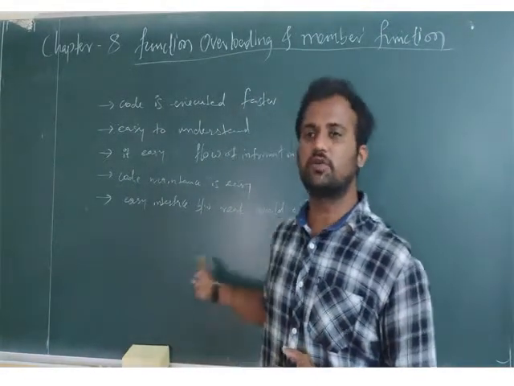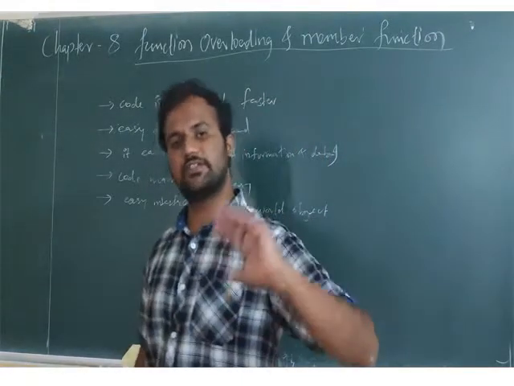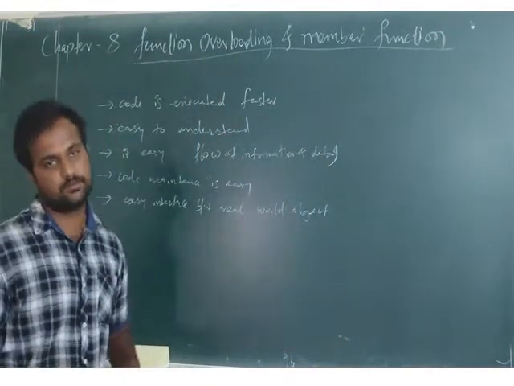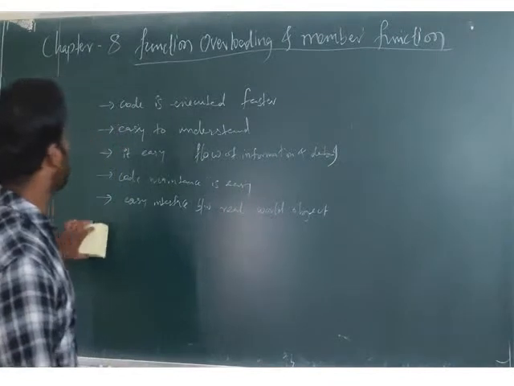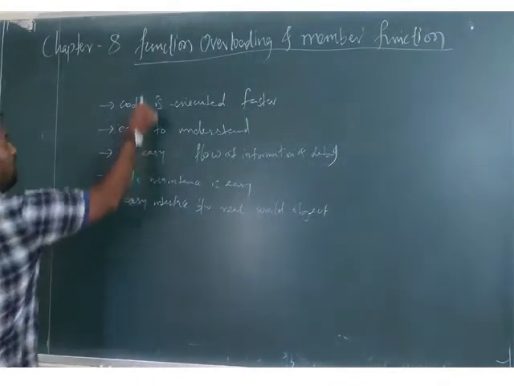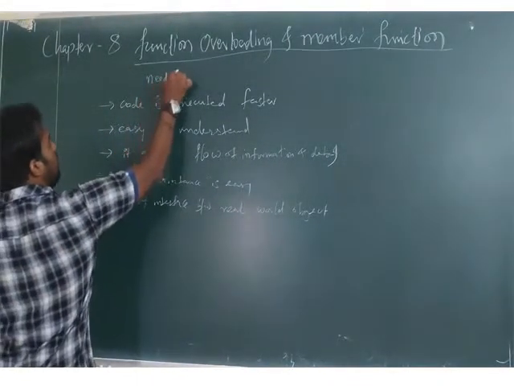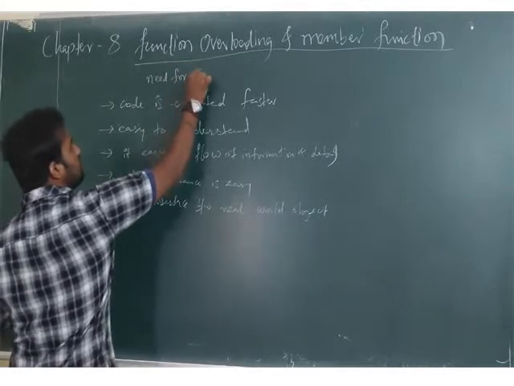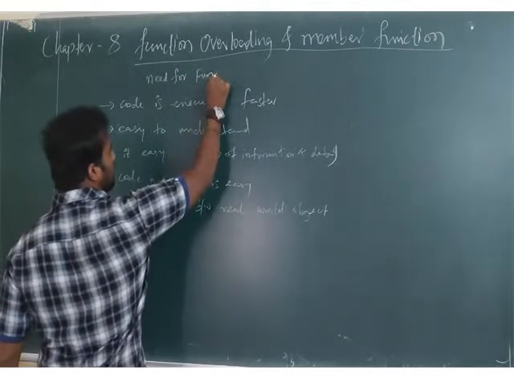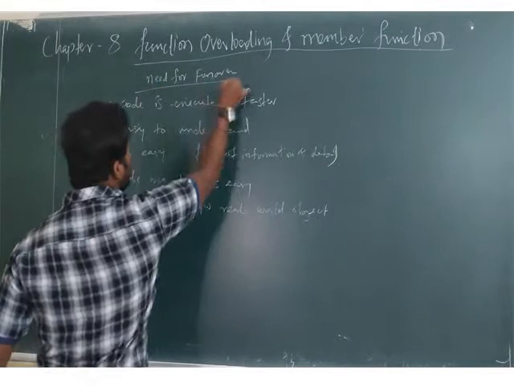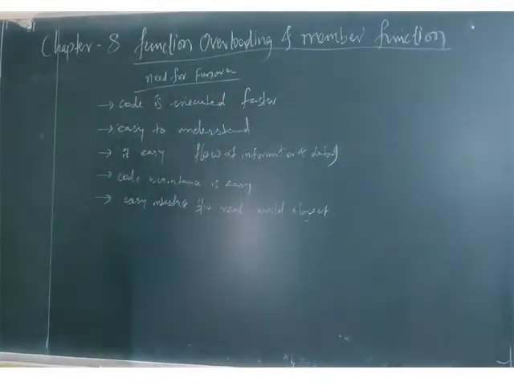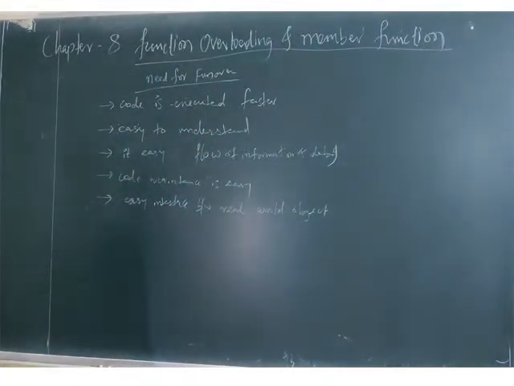So this is what function overloading is doing: it is interfacing with real world problems. Okay, so these are the 5 reasons why we need function overloading. These are the compulsory things which we need.